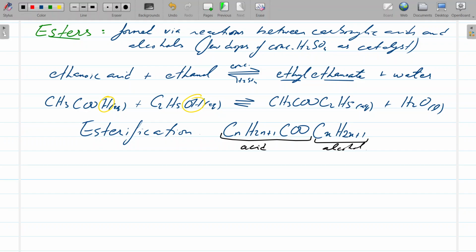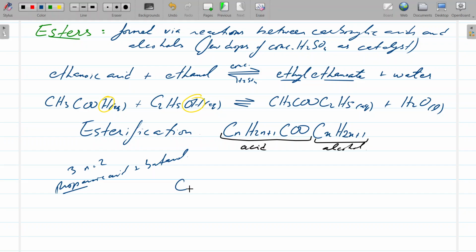The general formula will come in handy if they ask you, in words, to react this and this. For example, show me a reaction between propanoic acid and butanol. And you're like, okay, what do I do? Propanoic acid means there are 3 carbons, and keeping in mind the functional group, n equals 2.